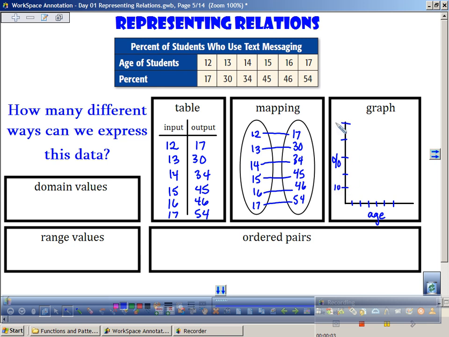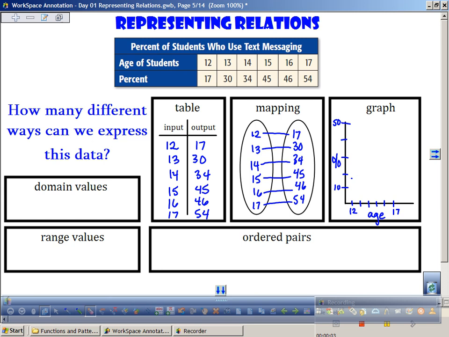And we're starting at 10, and we're ending with 50, and this is starting at 12 and ending at 17. It's pretty good. Alrighty, so 12, I would go up to about 17, which is about right.